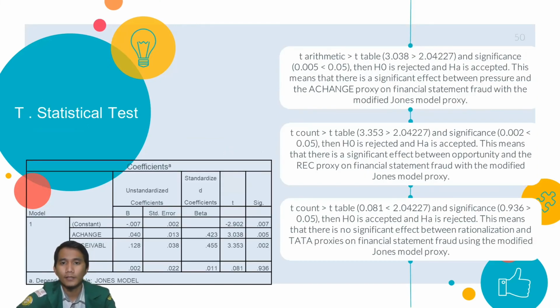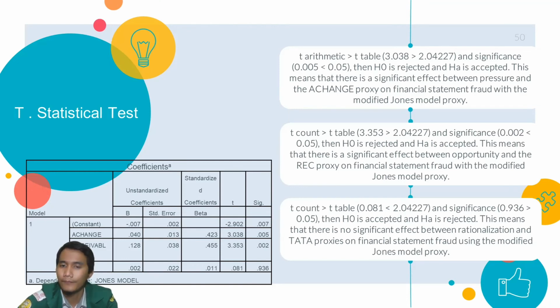Statistical tests: F and t arithmetic with significance; H0 is rejected and HA is accepted. This means there is a significant effect of pressure, with the change in total assets proxy, on financial statement fraud.